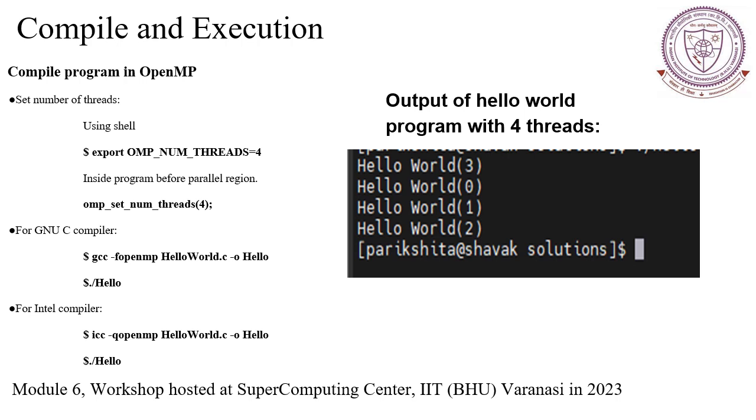Similarly, if you're doing it with the Intel compiler, you write icc -qopenmp, then your program name hello_world.c -o, your executable name hello, then simply write ./hello. So the output of the hello world program here with 4 threads will be like this: hello world 3, 0, 1, 2. Similarly, it will be like that.